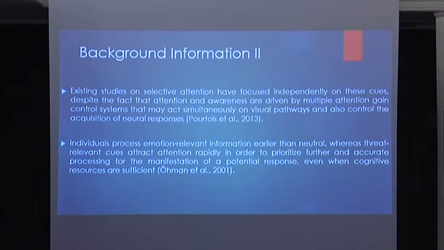Individuals tend to process emotion-relevant information earlier than neutral, whereas threat-relevant cues attract attention rapidly in order to prioritize further and accurate processing for the manifestation of a potential response, even when cognitive resources are sufficient.